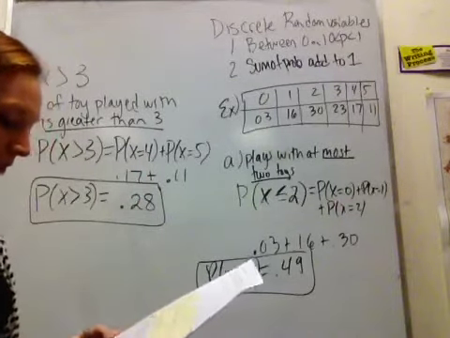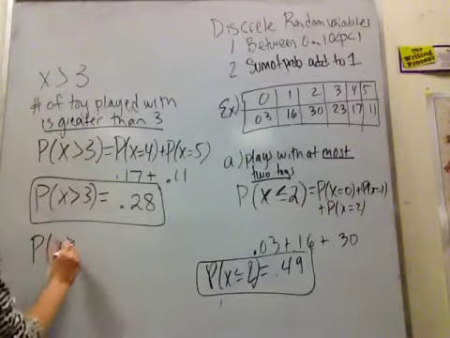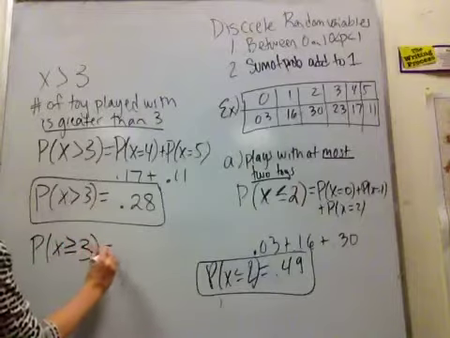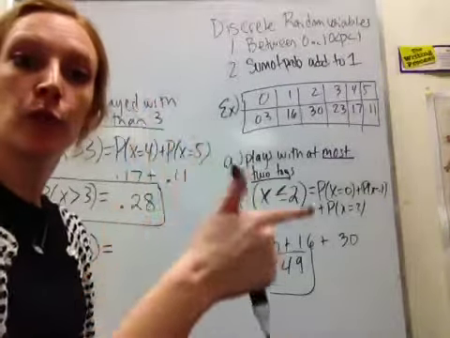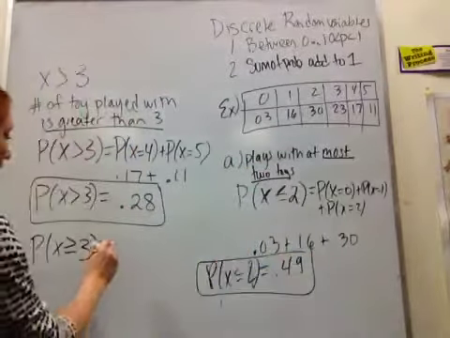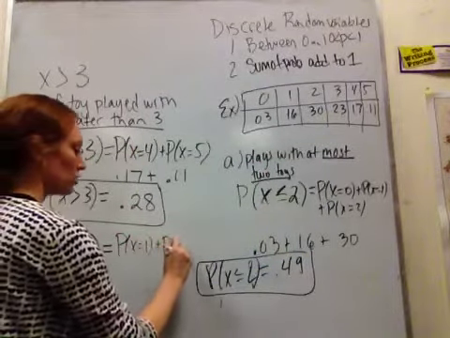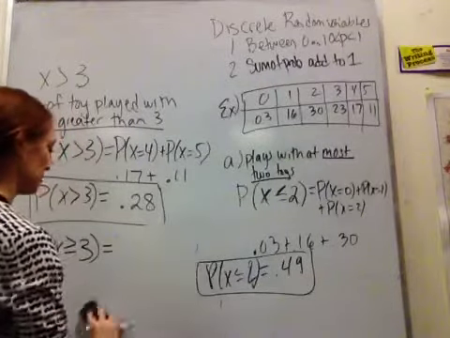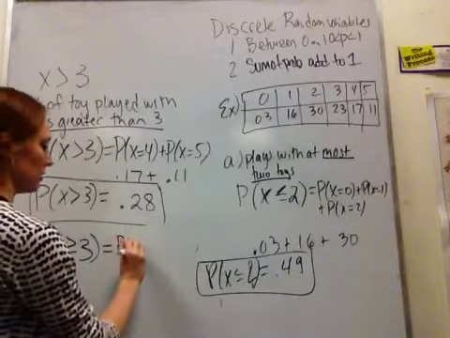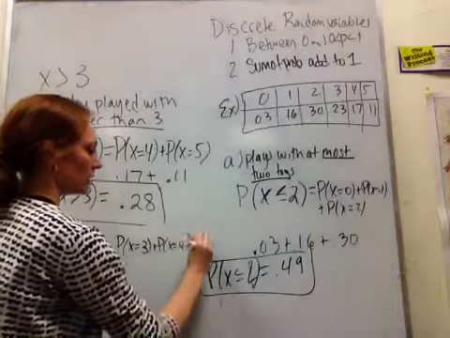Now, our last one is, what is the probability that X is greater than or equal to 3 toys? Well, now that's a little different. That means they could play with 3, 4, or 5 toys. So we're going to add up those probabilities: the probability that they played with 3 toys, 4 toys, and 5 toys.